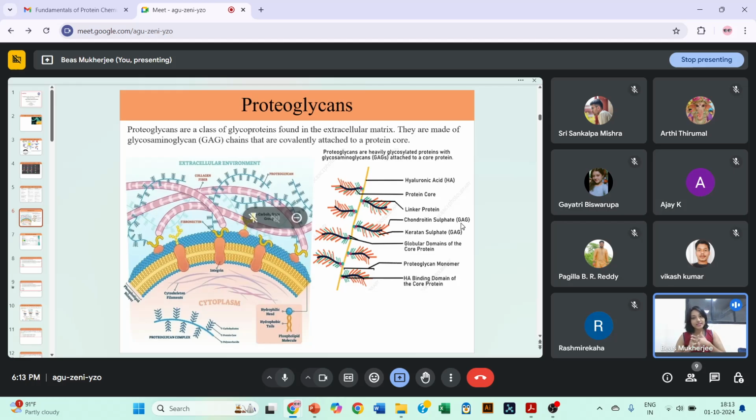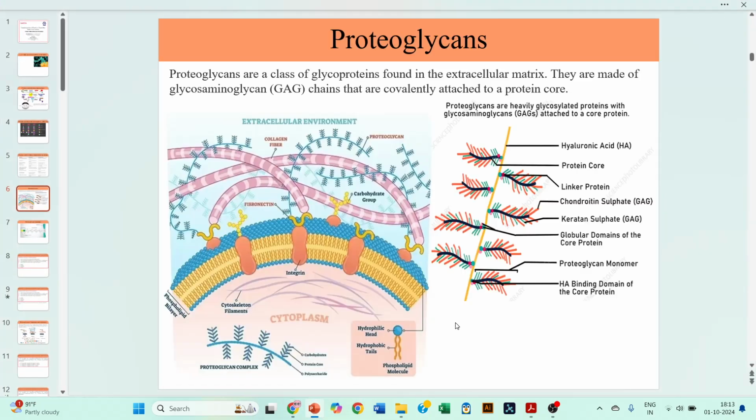These glycosaminoglycans can be chondroitin sulfate, keratin sulfate, and all of these different molecules. Okay, so we'll talk about them more.